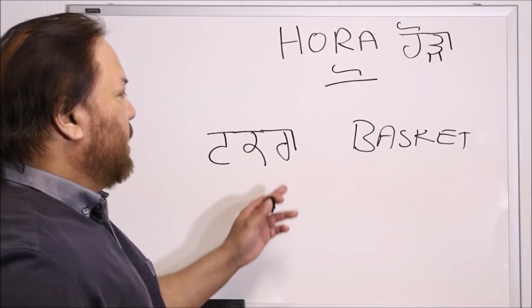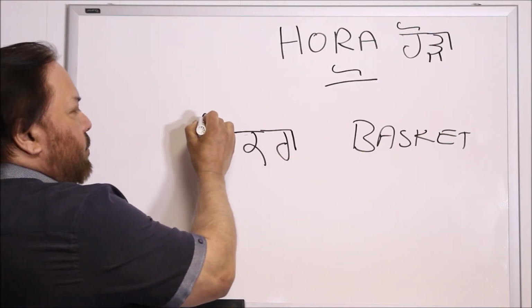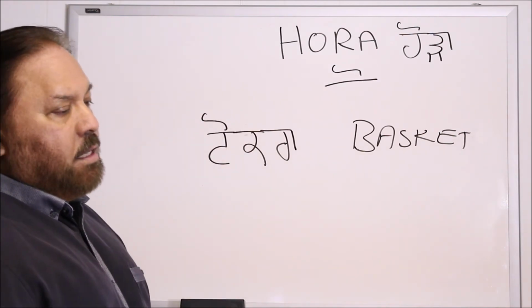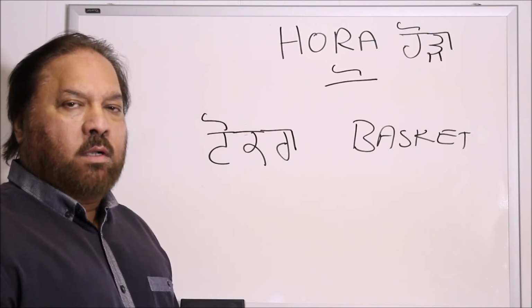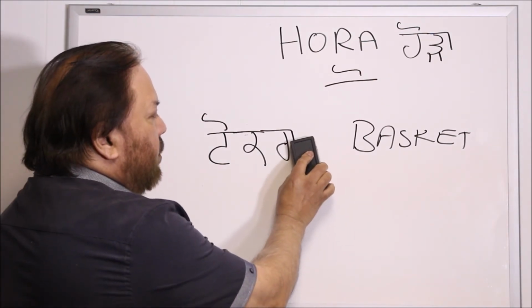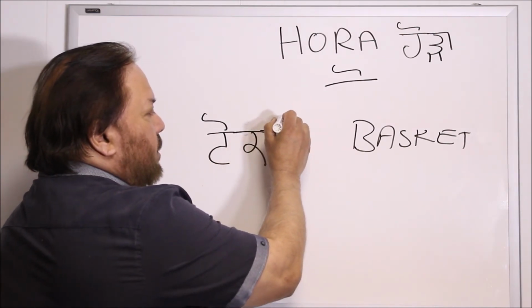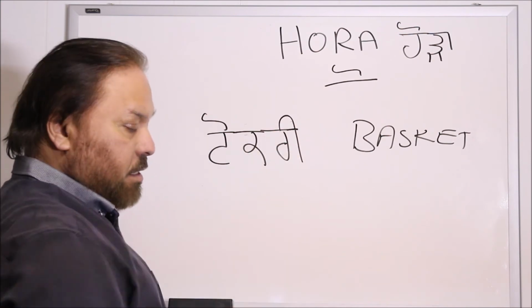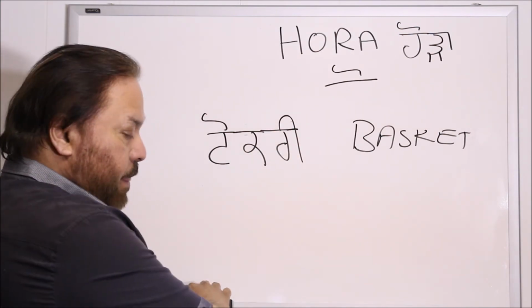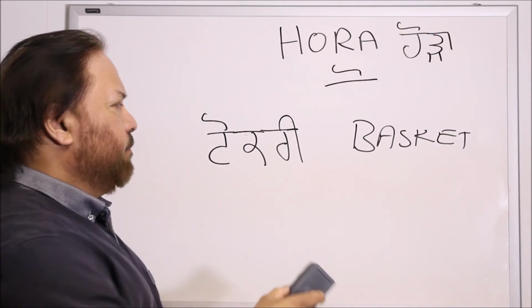So it becomes tokra. If we want to use this word as tokri, which is a small basket, then instead of kanna we will use Bihari here. This is tokri.